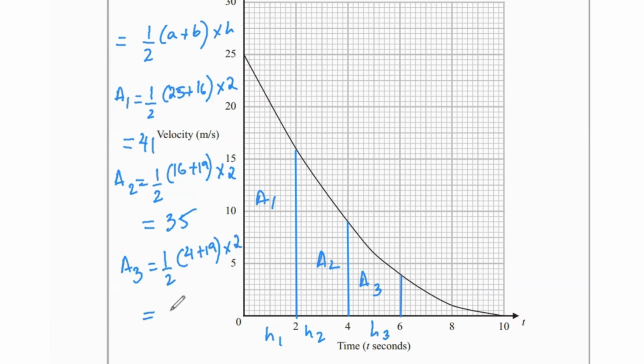And that is 23. So distance is going to be the sum of 41, 35, and 23. And that's going to give us 99 meters. That's the distance that I'm getting for this graph here.